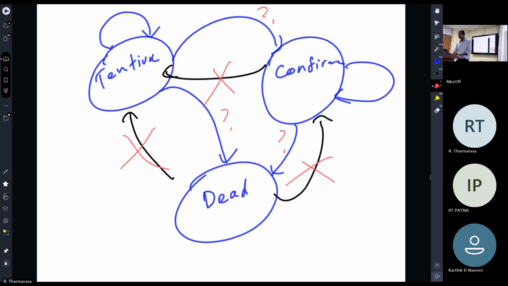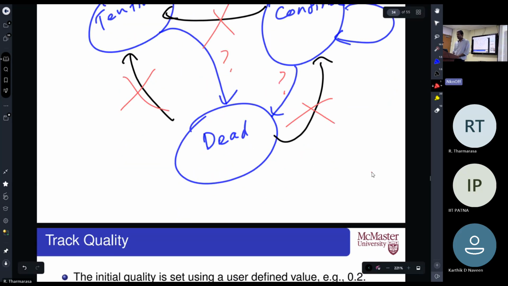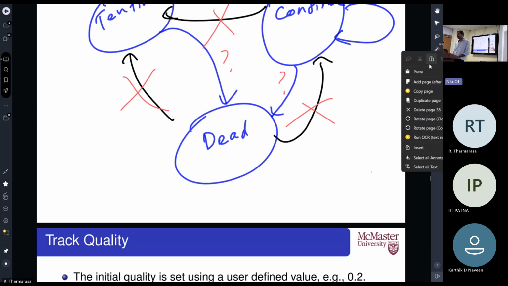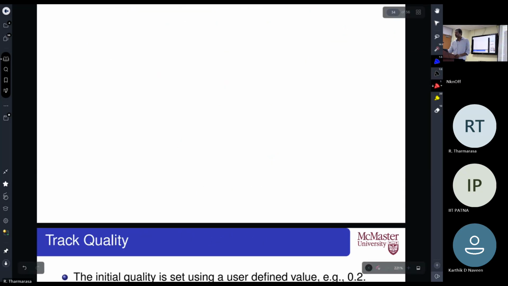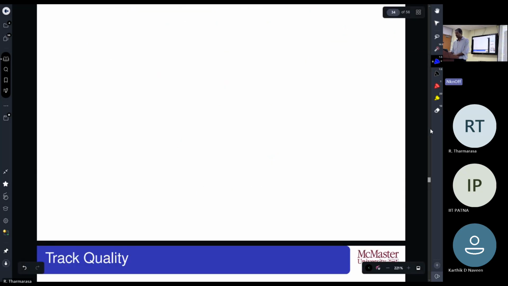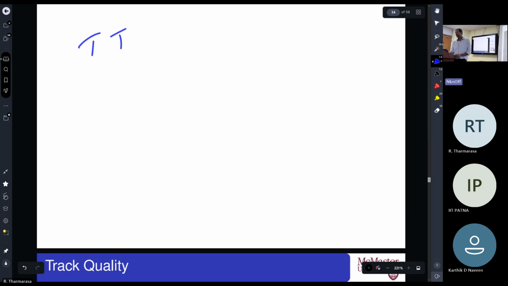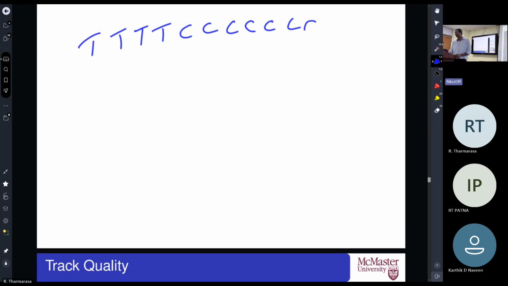For example, one of the possible sequences of states could be, ideally, tentative, then confirmed, and then dead.